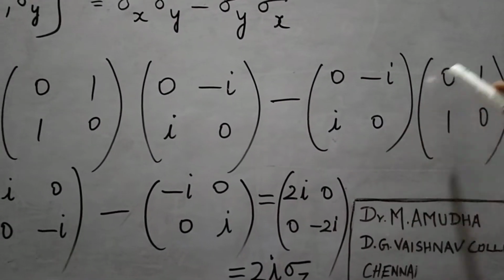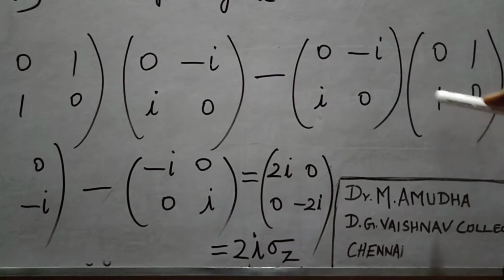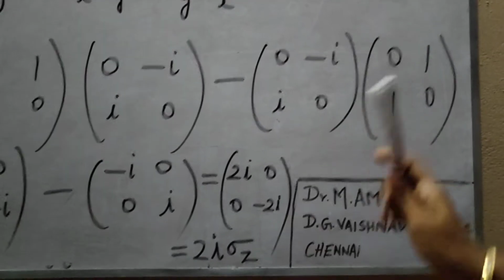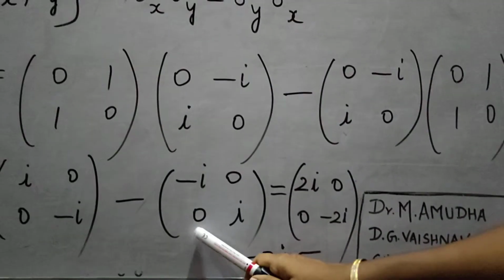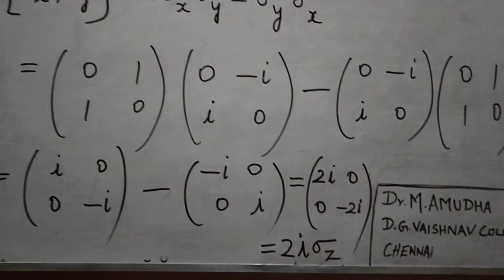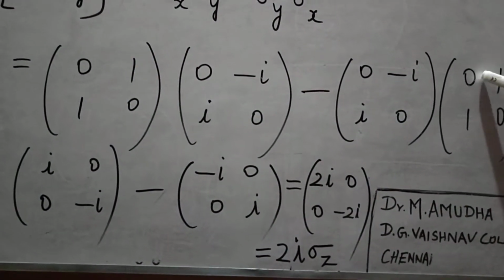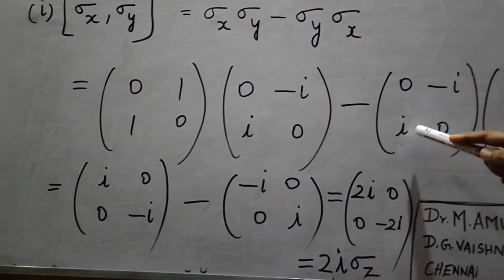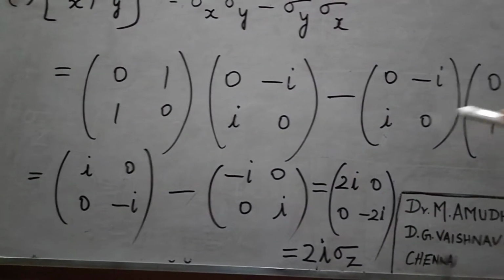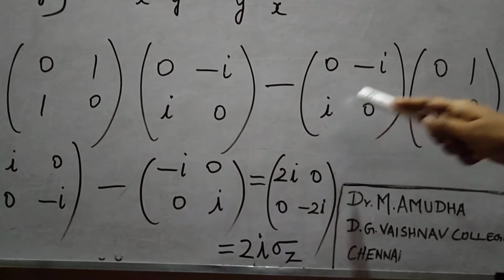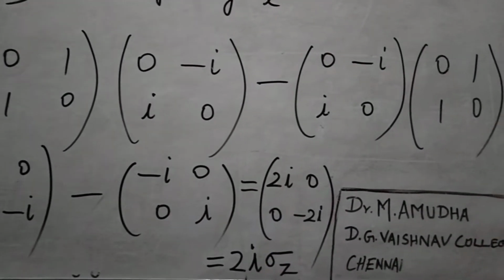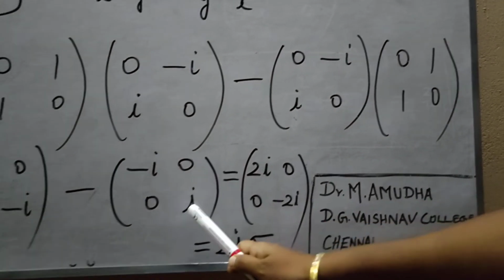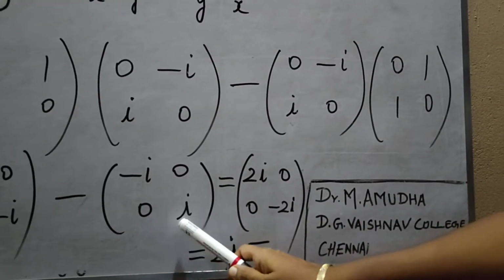Here row into column, once again row into column. So, i into 0 plus 0 into 1. So, both become 0, so the solution also becomes 0. And similarly, row into column, i into 1 plus 0 into 0. When you add these two, i comes, put at this position.